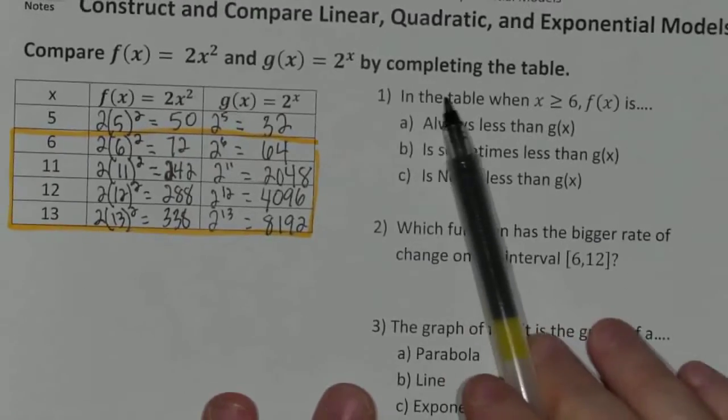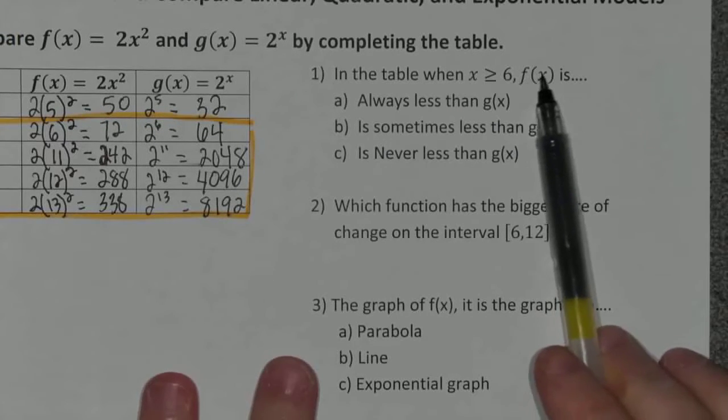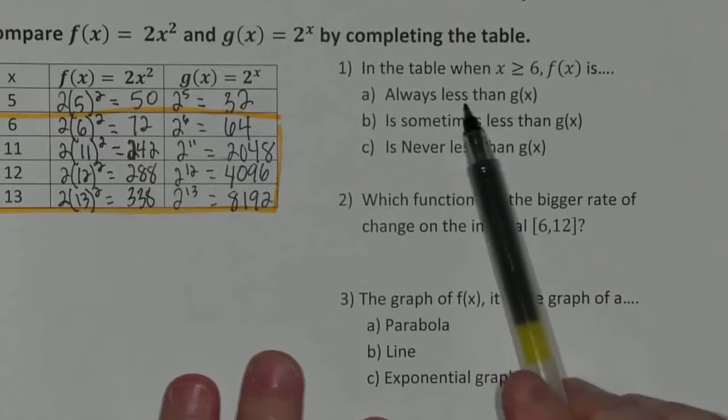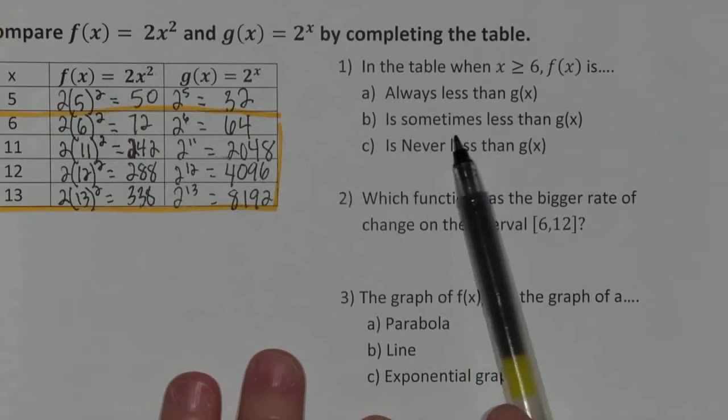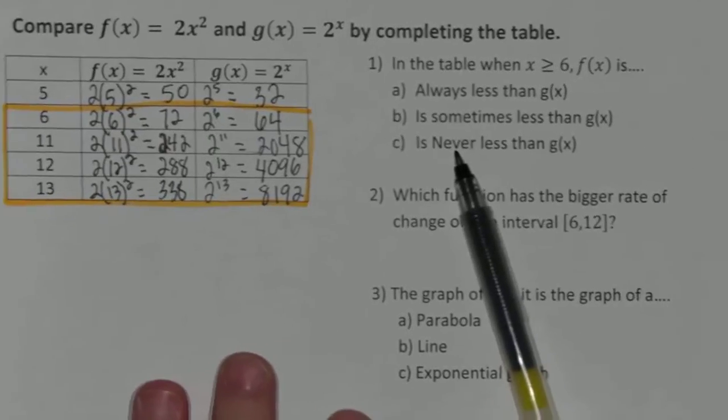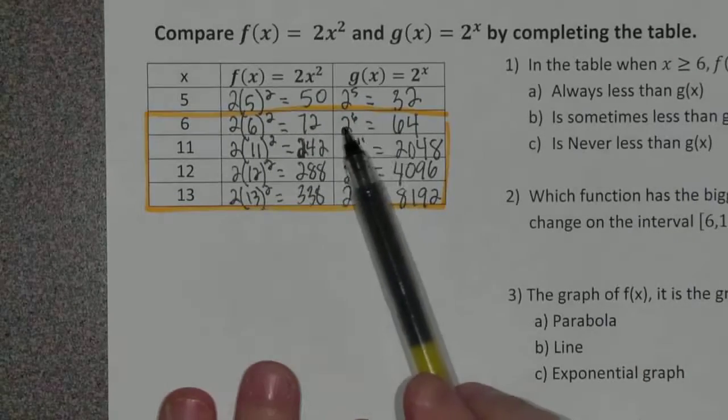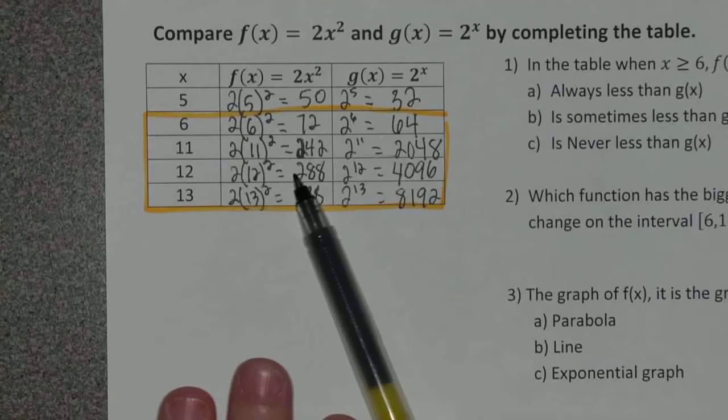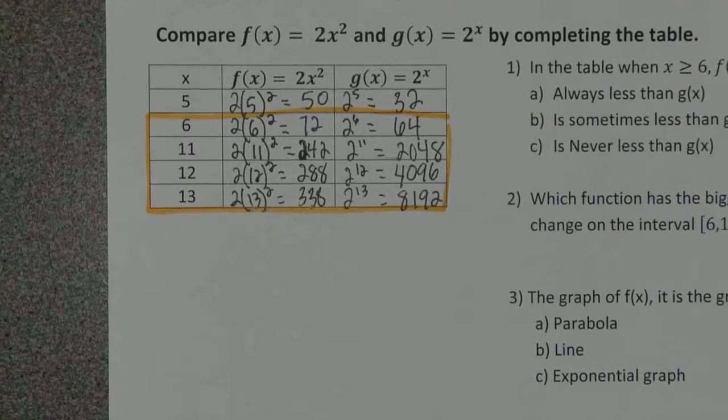It says when we're looking at the table, f of x is always less than g of x, sometimes less than g of x, or is never less than g of x. So we're going to look at the f of x values, and we're going to compare them to the g of x values, and we're going to decide which one of those statements is true from looking at those values.